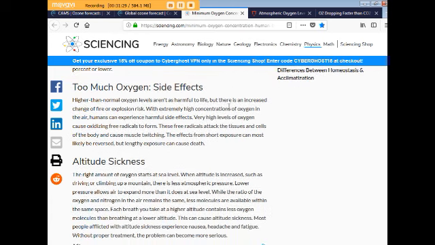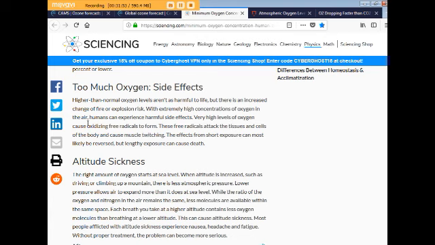Then you can have too much oxygen. Higher than normal oxygen levels aren't as harmful to life, but there is an increased chance of fire or explosion risk. With extremely high concentrations of oxygen in the air, humans can experience harmful side effects.